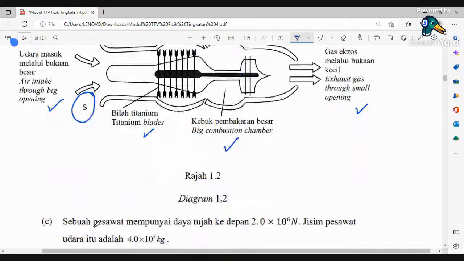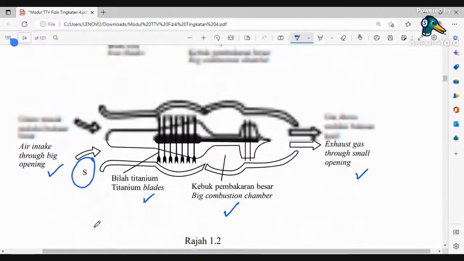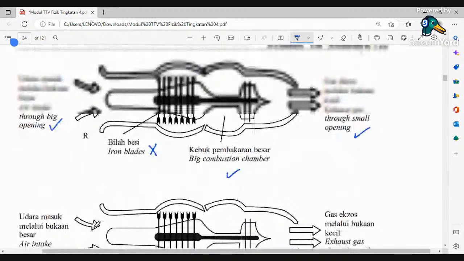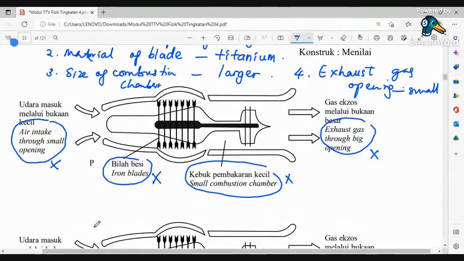Jadi saya akan buat satu table untuk soalan ni. Sini tak cukup tempat dah.